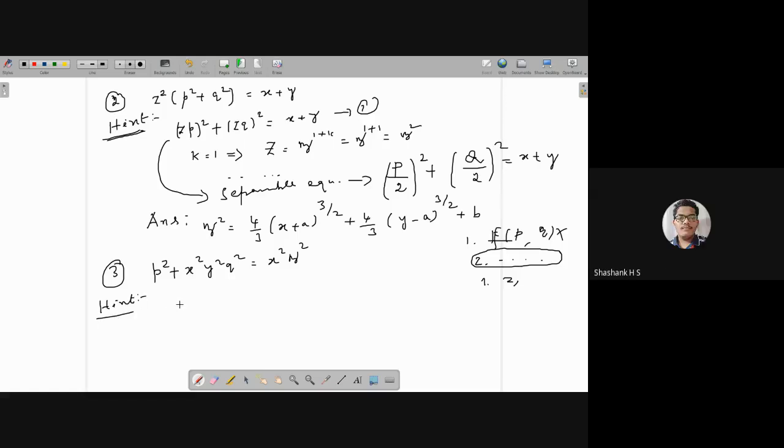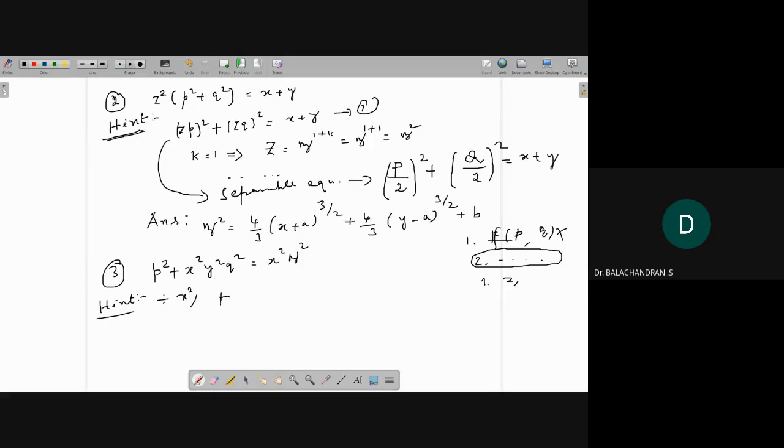Otherwise, divide by x square z square. Very good, divide by x square. Because I told you that x is always with the p, but here x is with the q. So that's why first you should divide throughout by x square.